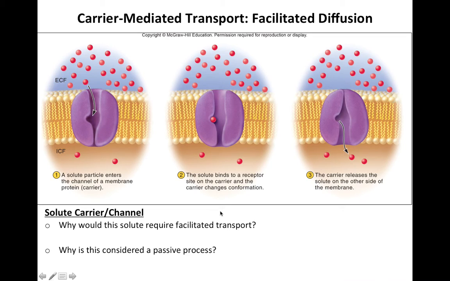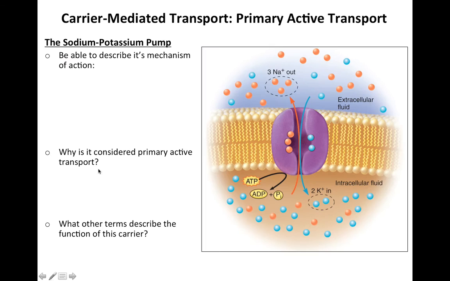In your notes, I've given you these same examples, and I think what you should do is sit down and read each example and begin to explain to yourself why each one of these would be a particular type of transport, and of course, ask yourself why it's considered a passive or an active process. So here we're just looking at the transport of some solute through some kind of a protein carrier.